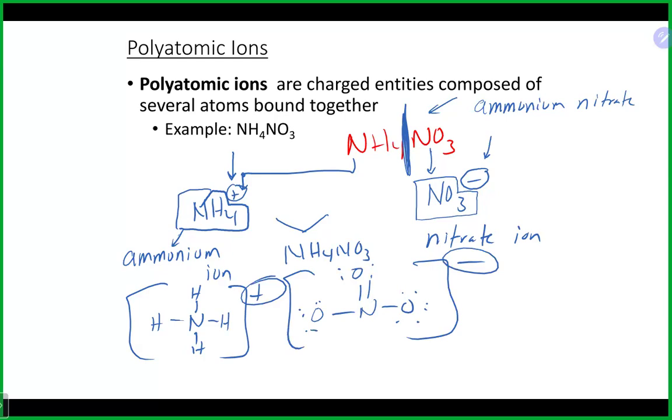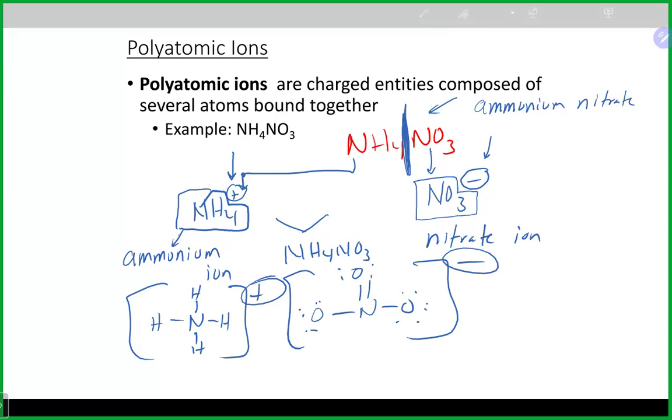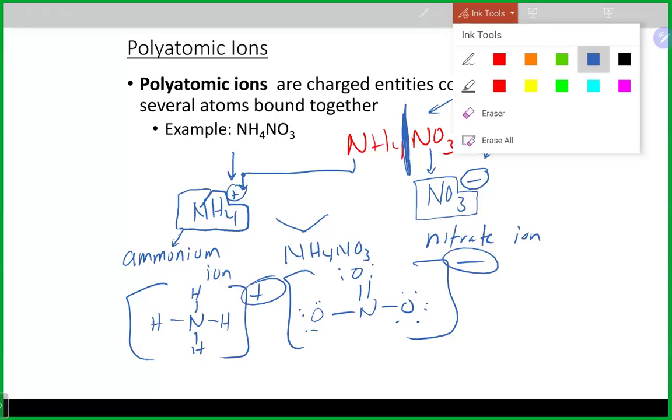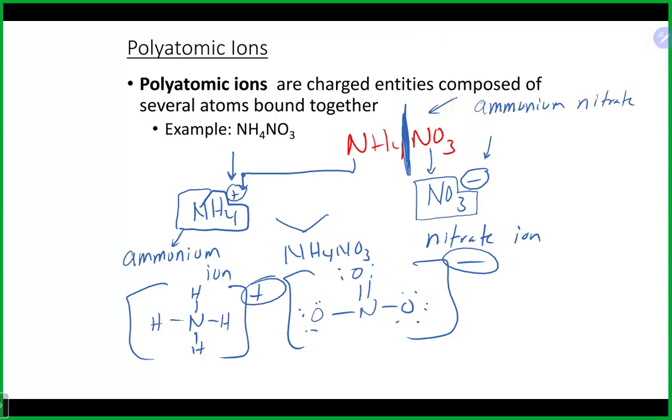Now, because as I mentioned, there are, I would say, more negatively charged polyatomic ions than positively charged polyatomic ions, in most cases you probably won't have two polyatomic ions together like we see here. Since most of them are negatively charged, what typically happens is they find themselves with a metal a lot of times.